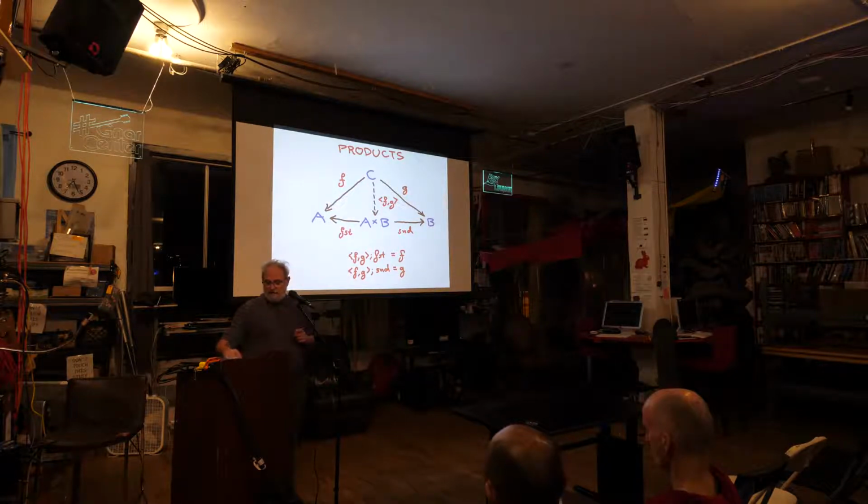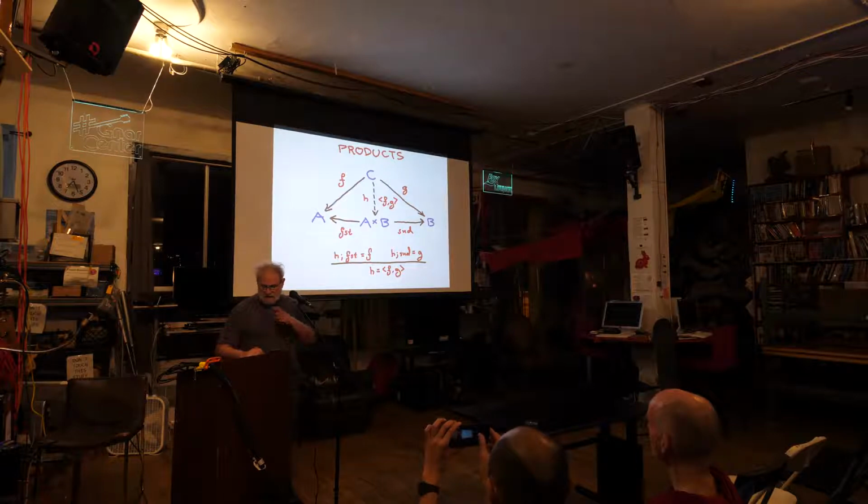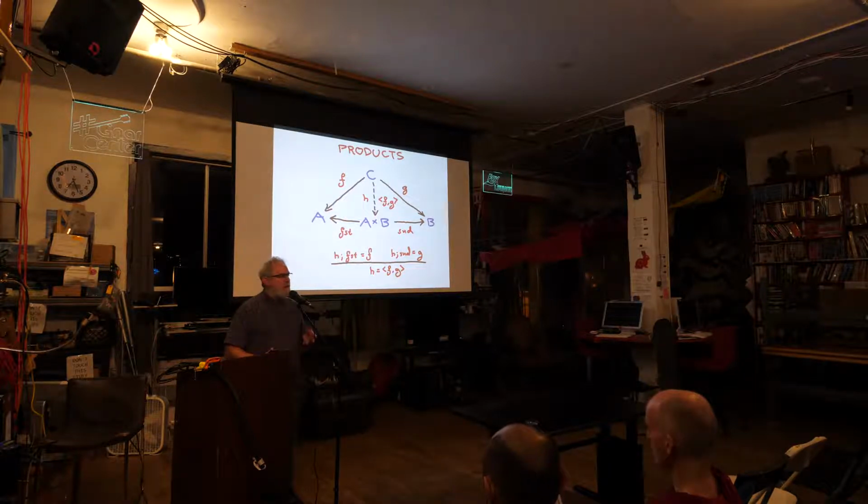But then I also said this thing that exists is the unique such thing. So that gives us another equation, a conditional equation. What does it mean for it to be unique? Well, let's say h is another arrow that satisfies exactly the same properties.